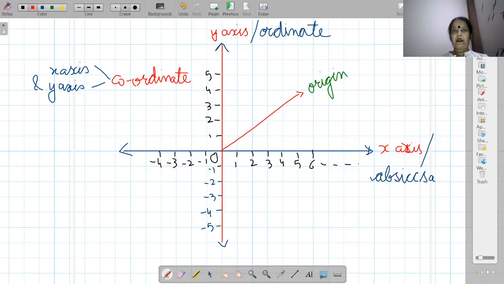Now, if we look at this, this graph is representing on the plane. So this plane XOY is called Cartesian plane.